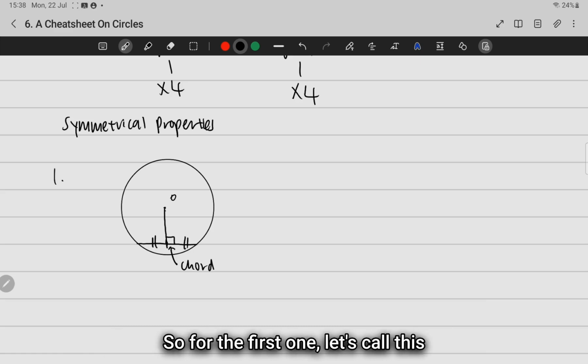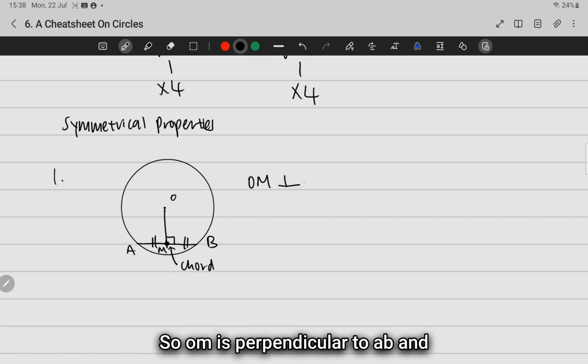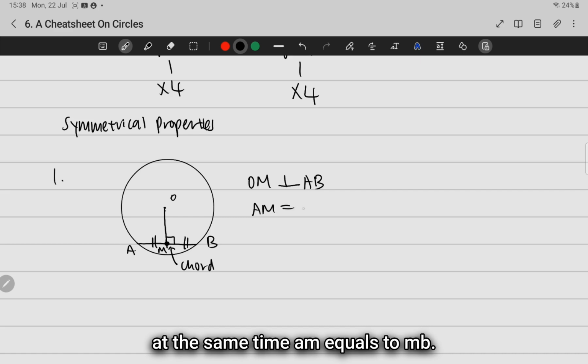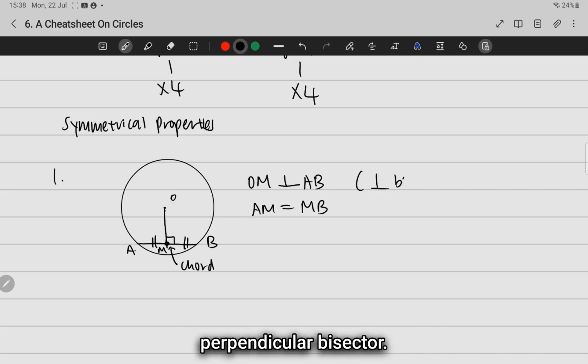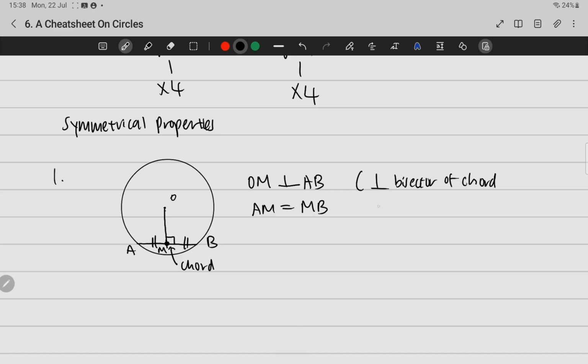So for the first one, let's call this A, B, and then we call this point M. So OM is perpendicular to AB, and at the same time AM equals MB, and we will call this reasoning: perpendicular bisector of chord passes through center of circle.